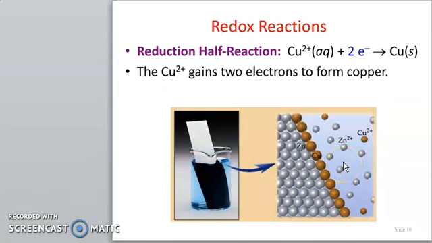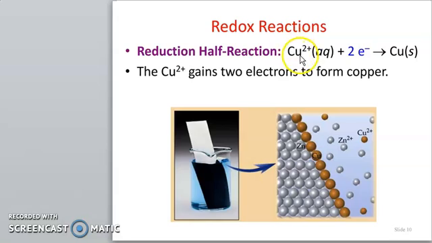So another half reaction. We have learned the half reaction in the last slide, and here is another half reaction, reduction. In the last slide we discussed the oxidation; here we have to discuss the reduction of copper 2+.